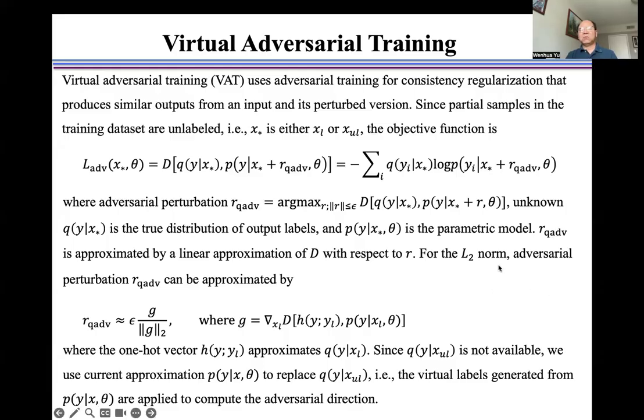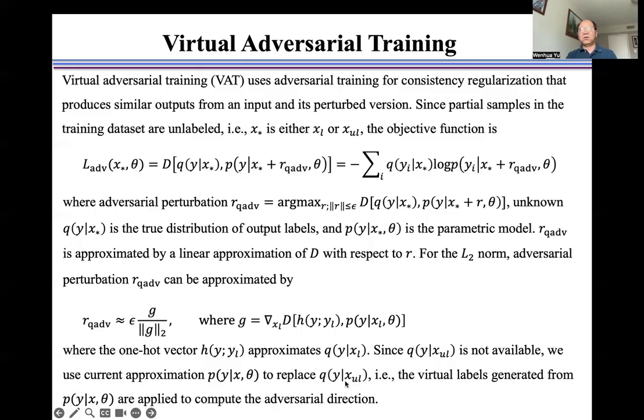For the L2 norm, adversarial perturbation r can be approximated by using this formulation where g is calculated from the derivative of D. Where the one-hot vector h, as shown here, approximates q. Since q is not available, we use the current approximation p to replace q.